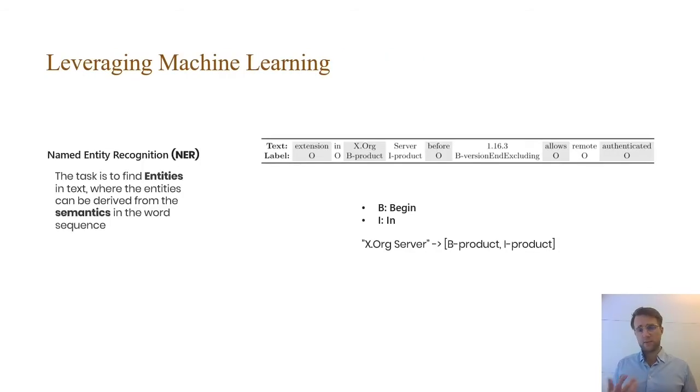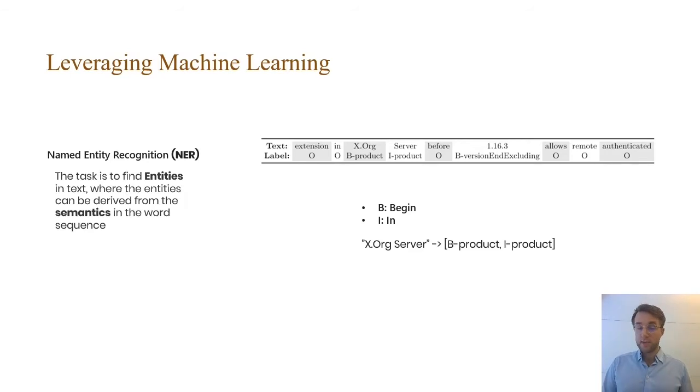To perform this task, we use named entity recognition, which is a task within machine learning and natural language processing. For named entity recognition, we produce a prediction for each part of the sequence. So for each word, we produce a unique prediction, and we are trying to label each word, in our case, as a product, vendor or version. We have an example here with the XROG and server being predicted as product, and the version here being predicted as version.